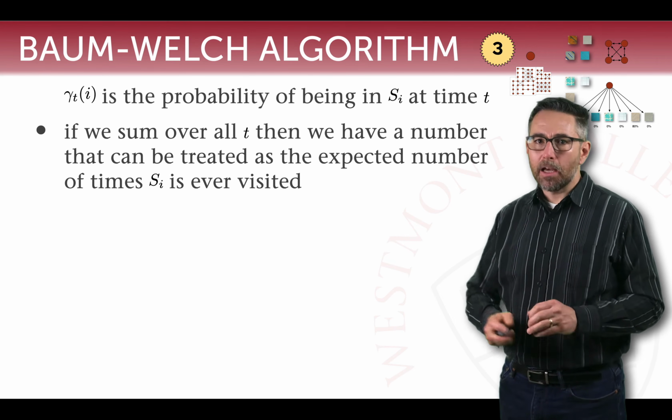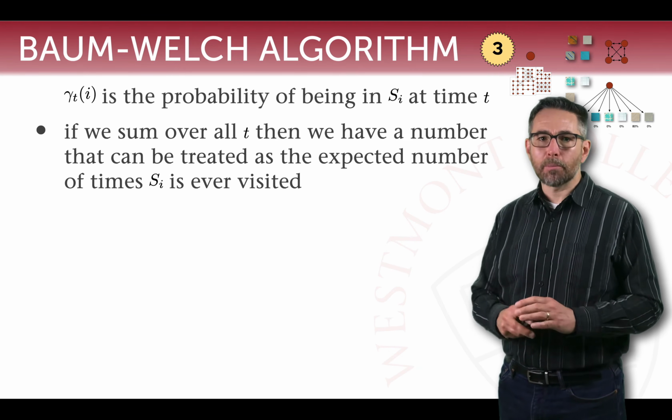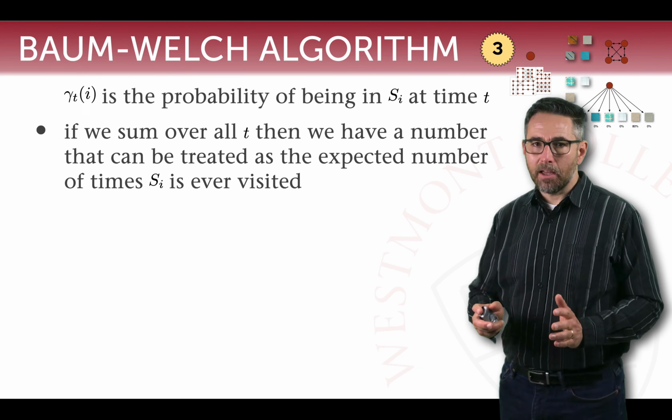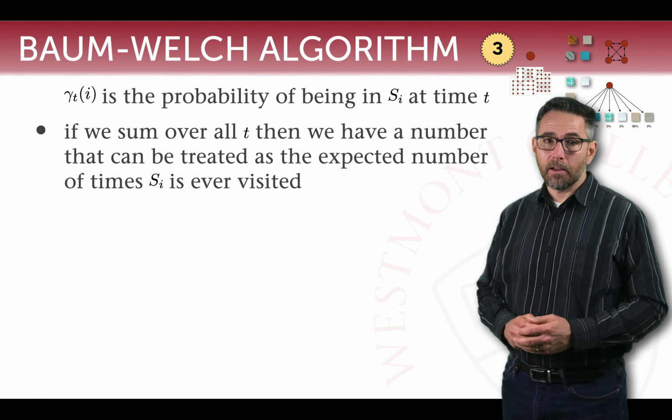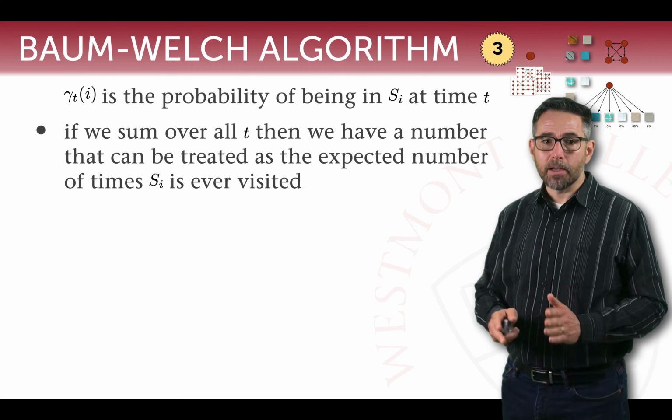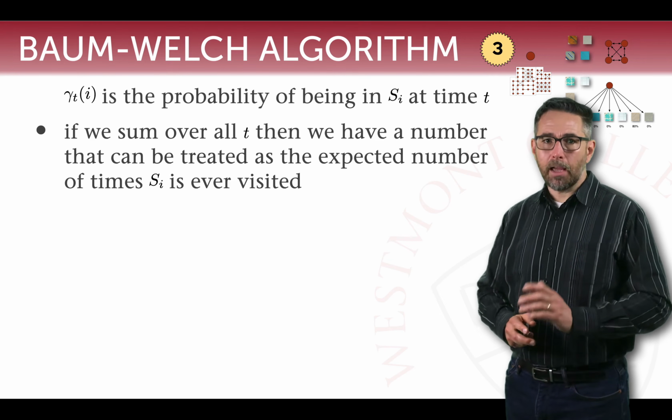Not just at time t, but during our entire observation sequence. We can figure this out by summing over all time periods the variable gamma t of i.